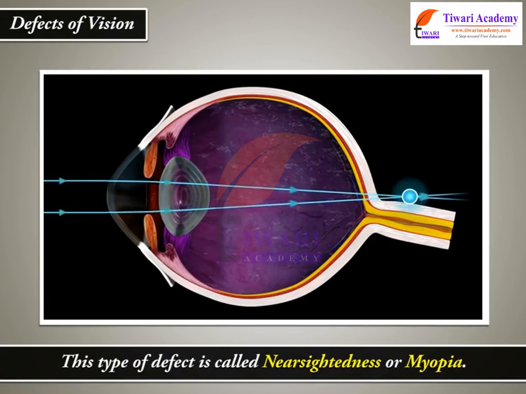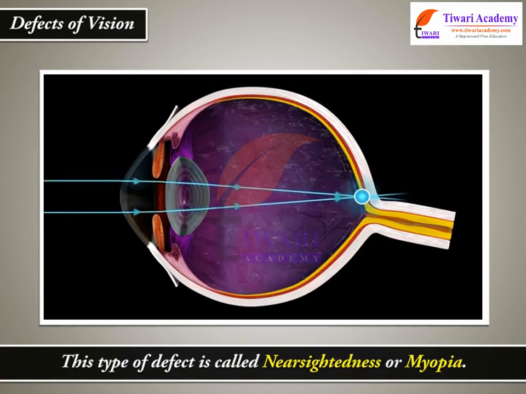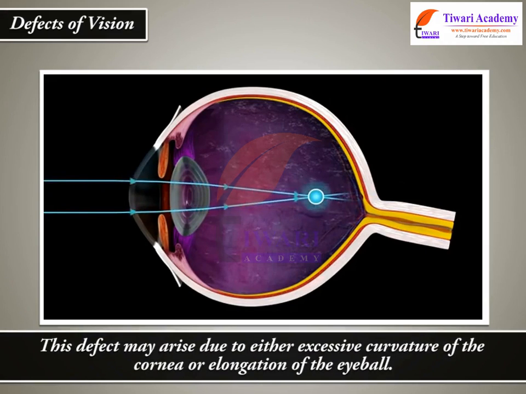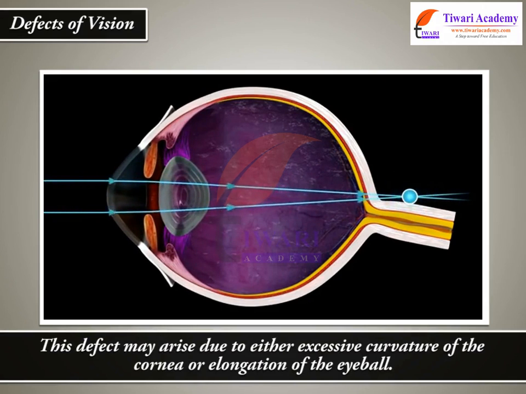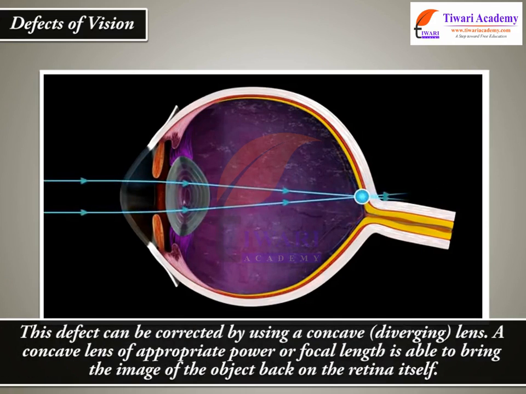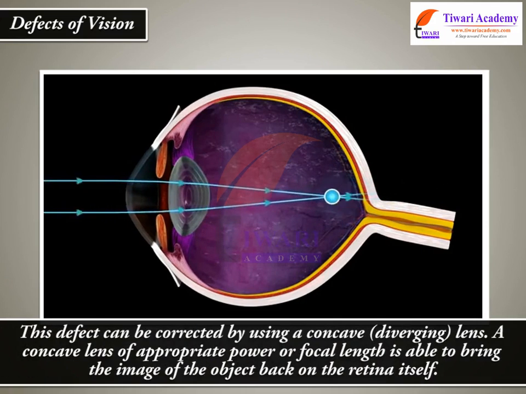This type of defect is called nearsightedness or myopia. This defect may arise due to either excessive curvature of the cornea or elongation of the eyeball. It can be corrected by using a concave diverging lens.